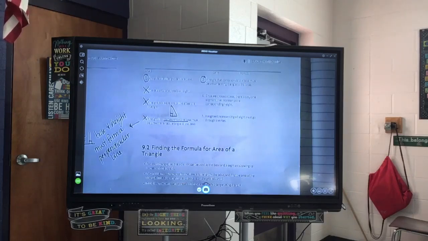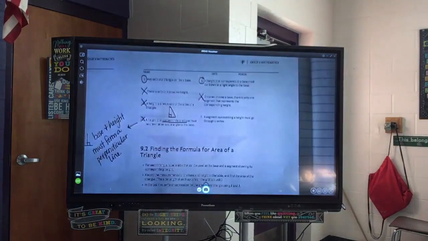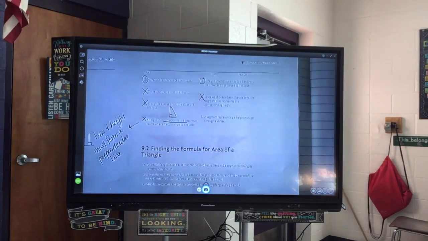Why not? Why is this one not true? Why is this not true, guys? Why didn't you pick it? Mikhail? So in the examples, it says these dashed segments represent heights of the triangle.